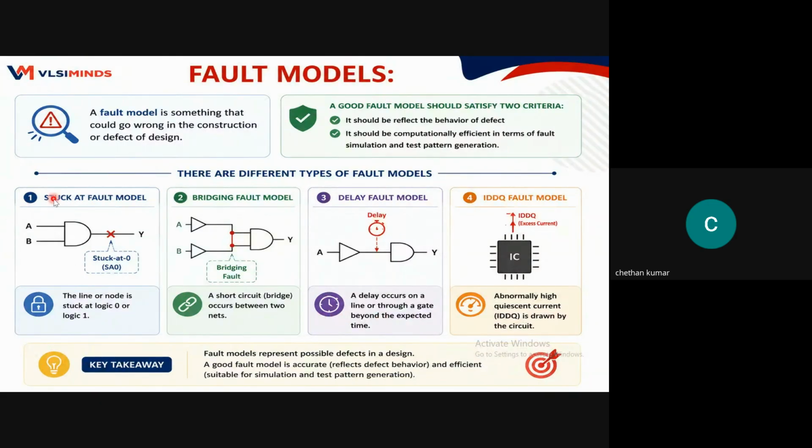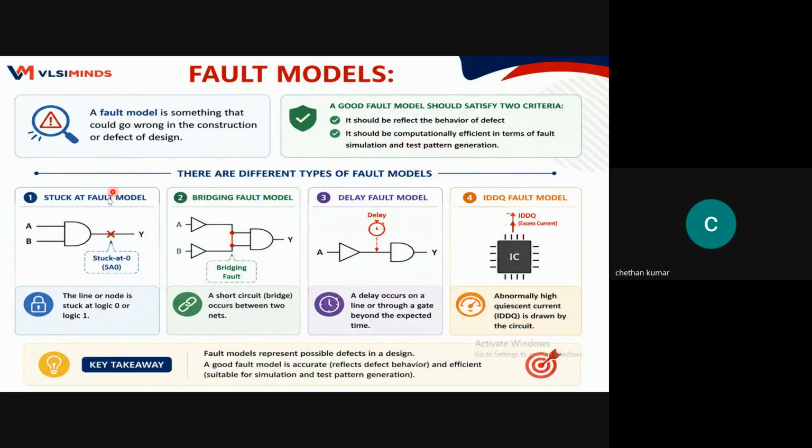The stuck-at fault model means that a line, node, or any net inside the design is connected to 0 or to 1, that is, either to VSS or VDD. VDD is a high, positive voltage. If it is connected to VSS or ground, that is considered 0, and if it is connected to VDD or VCC, that is considered 1.